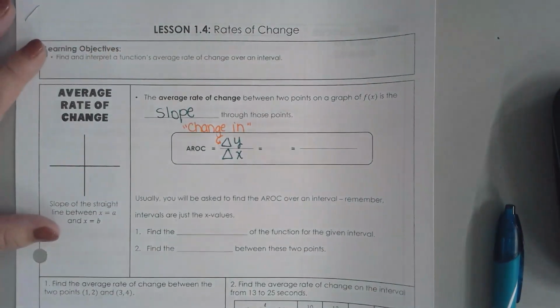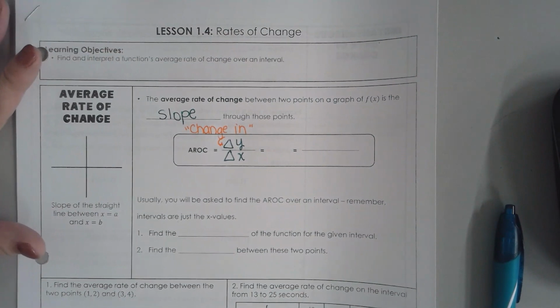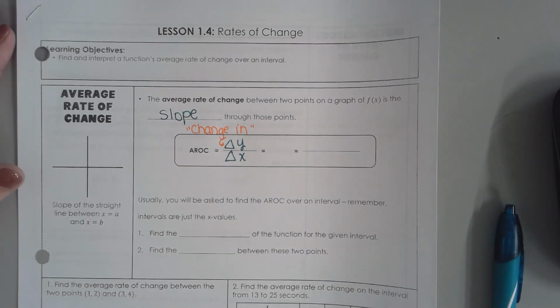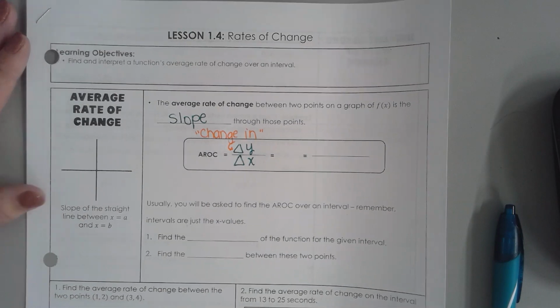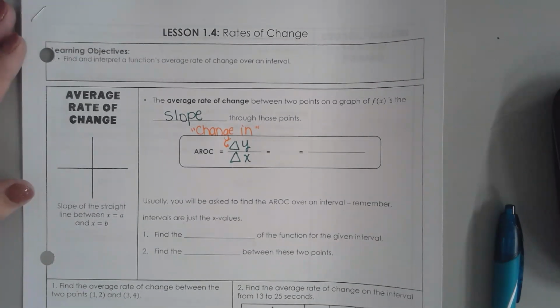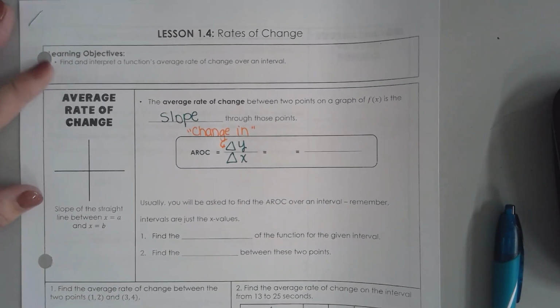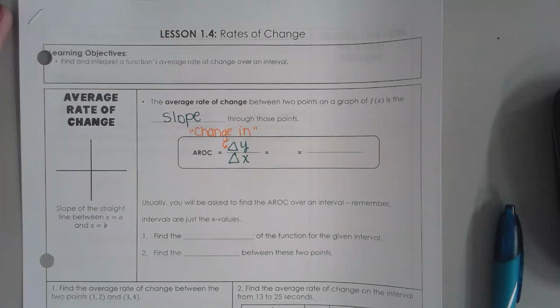So the change in your y's over the change in your x's. So if you have one y value of 2 and the other y value of 5, the change would be 3. From 2 to 5, it changes by 3. So the change in your y's over your change in your x's. That's just something higher level math. You write delta y over delta x. That's what we'll say. Delta y over delta x.